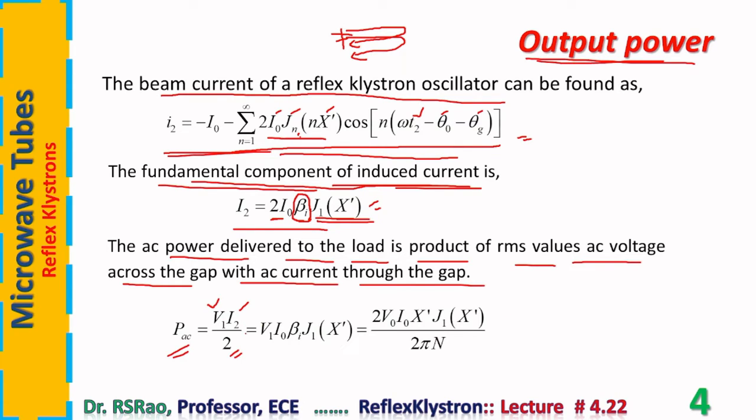Here V1, I2 are amplitudes. To convert them into RMS values, 2 appeared in the denominator. But I2 is 2I0 beta I J1 X prime. This can further be converted into 2V0 I0 X prime J1 X prime by 2 pi N.